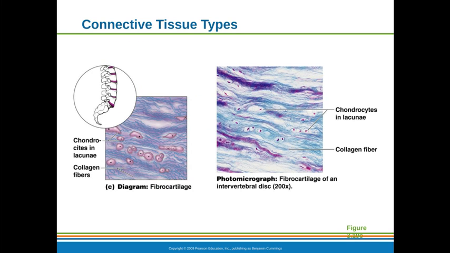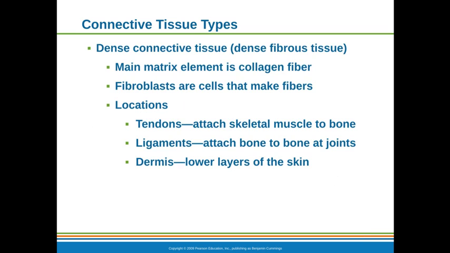Okay, so we can see our fiber cartilage right here, hence its name. We can see these collagen fibers that are being produced. Okay, so this striated or kind of banded appearance that we see right here. The lacunae right here, the chondrocytes, are actually pretty small in comparison to all of the fibers that they produce. Now because of this, it gives it pretty high tensile strength so that it doesn't tear apart.